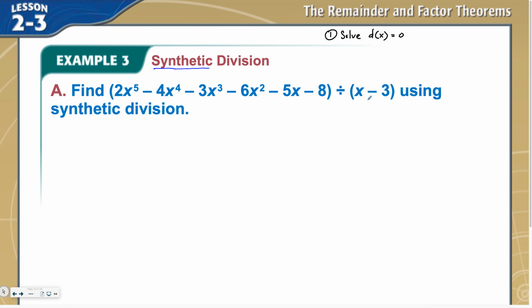In this case, the divisor d of x is x minus 3. Are we capable of solving this for x? Yes. You take x minus 3 equals 0. How do you solve that? Plus 3. That's our first step: we set the divisor equal to 0, so we get x equals 3.